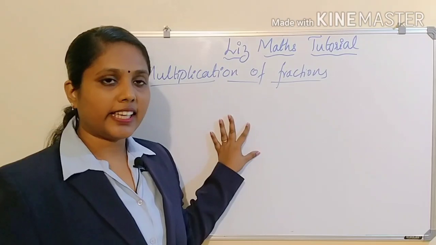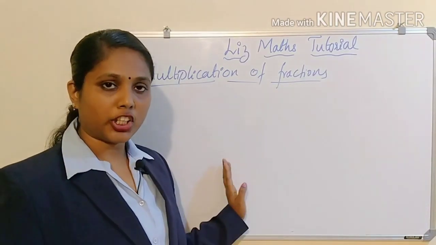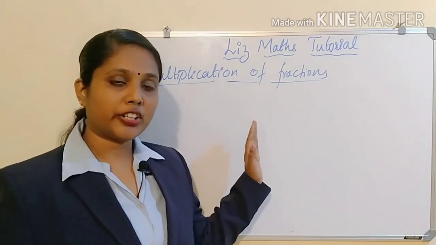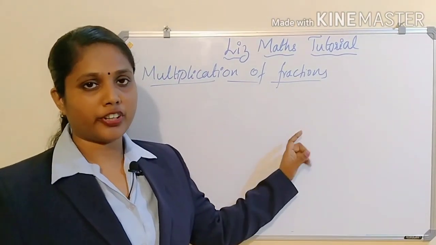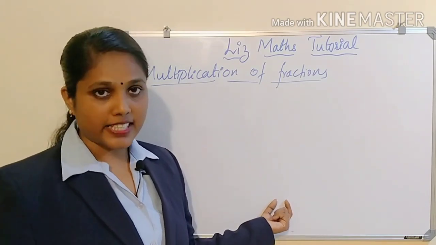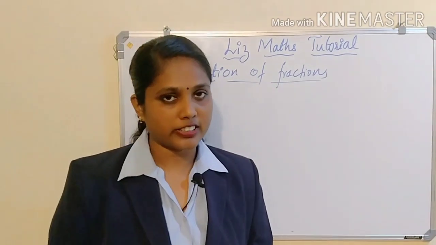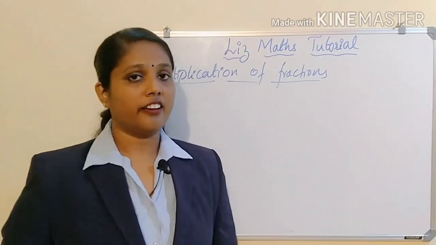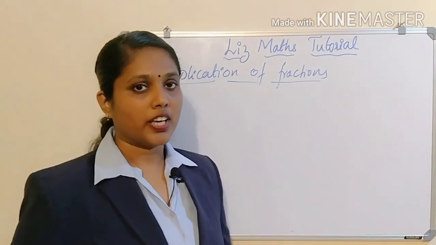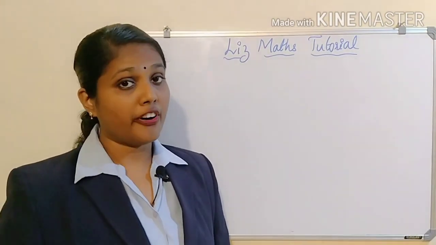If you do not have any denominator for any natural number, you can take it as 1, multiply the numerators and the denominators, and simplify to get the final answer. Hope you understood. Now we move on to the next concept, the division of fractions.